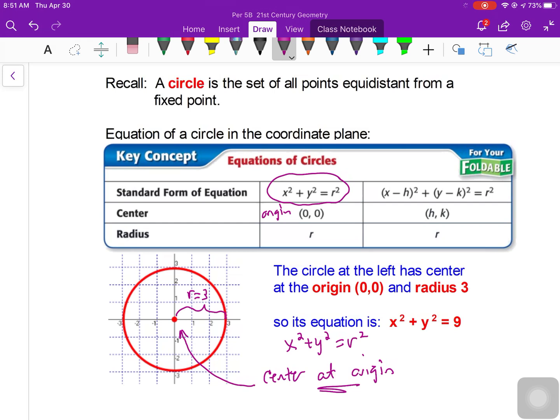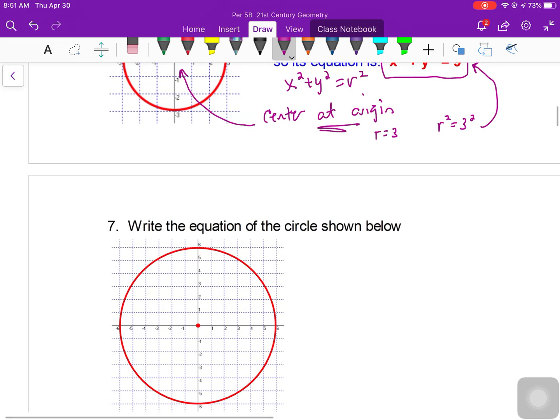The left side is always x squared plus y squared if the center is at the origin. And since the radius is 3, we would have to take 3 squared to get our 9 on the right side of the equation. This is the equation for that circle.